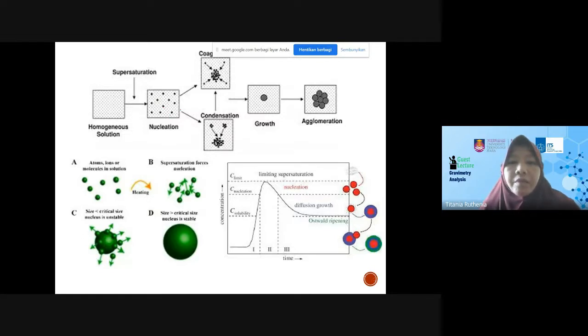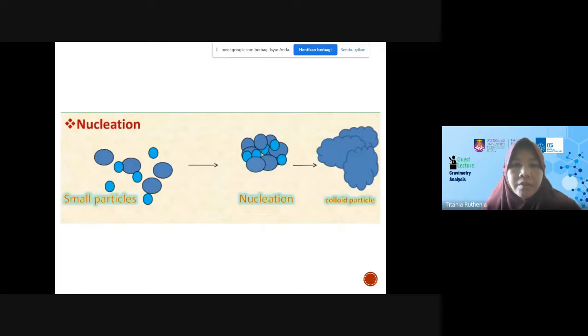And then it will form either in the form of coagulation or condensation, and then it becomes bigger, and the crystal grows, or core grows, and then after it grows, they will agglomerate with each other to form a bigger crystal. And all of these steps are critical with the impurities trap or impurities absorption. So we have to control the nucleation growth and also the crystal growth.